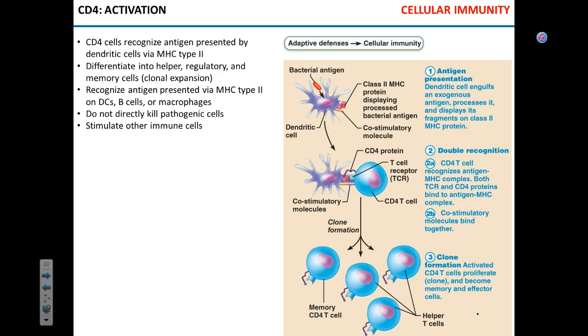So first, let's talk about, okay, we got them produced in bone marrow, we just got them matured in thymus. We have a pool of competent T cells. Where do they go from thymus? Lymphatic system, they stay in the spleen or lymph nodes.